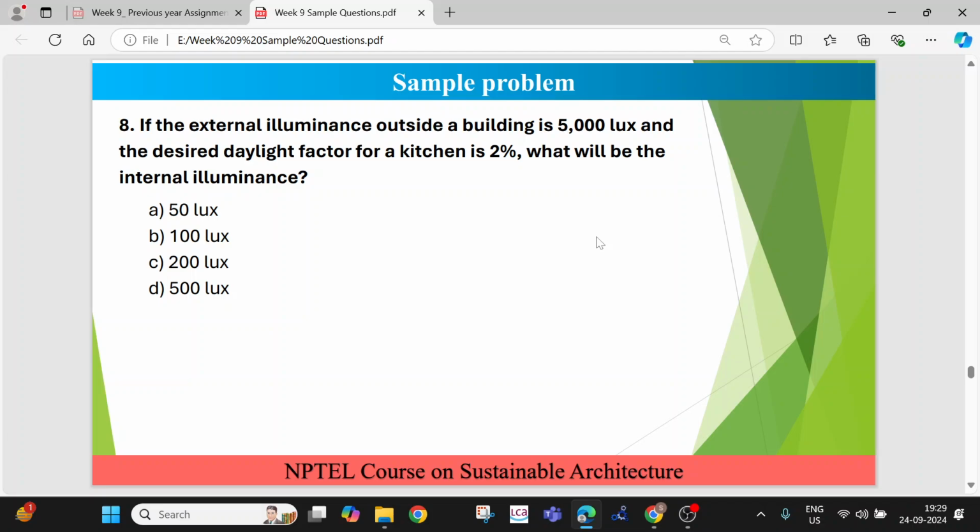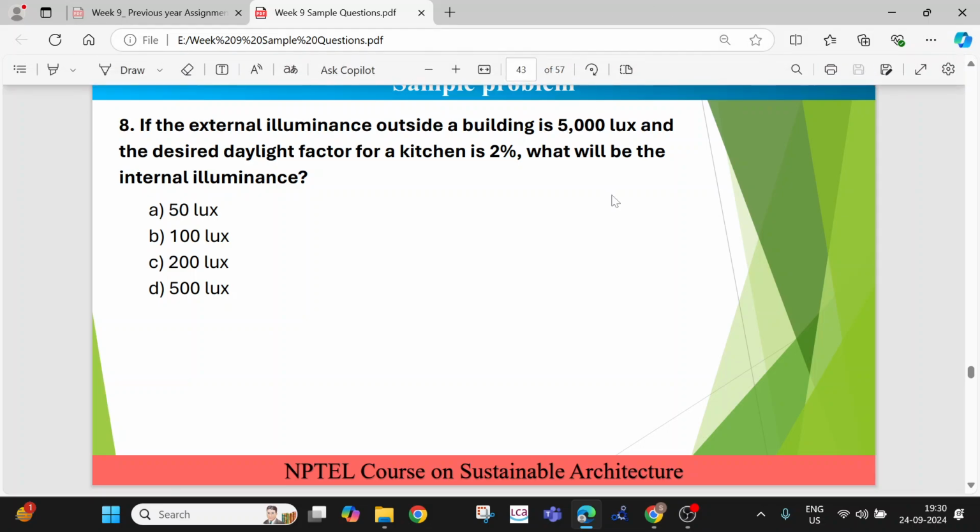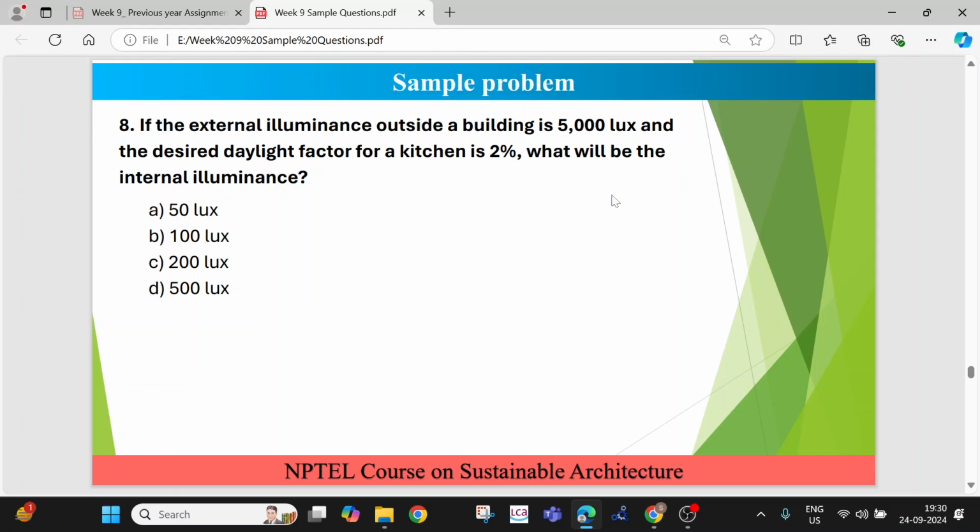You just have to apply the formula for the external illuminance and calculate it, then mark the correct answer in the chat box, or you can speak it, out of the four options.